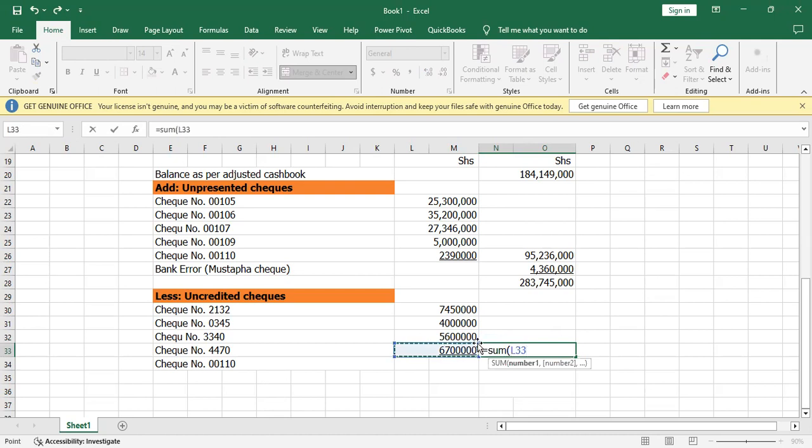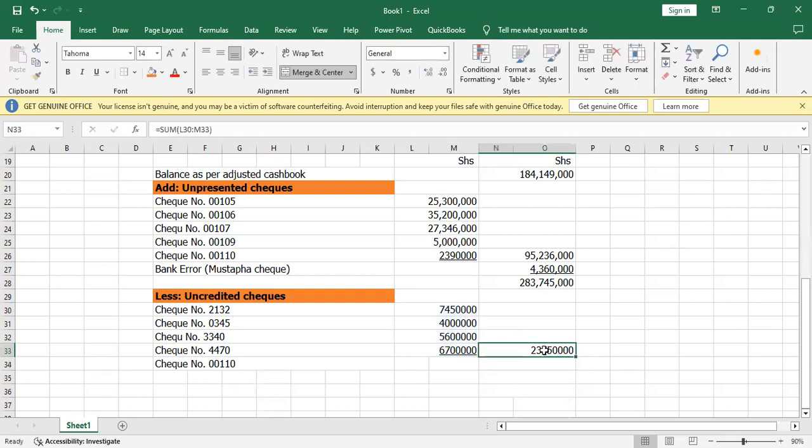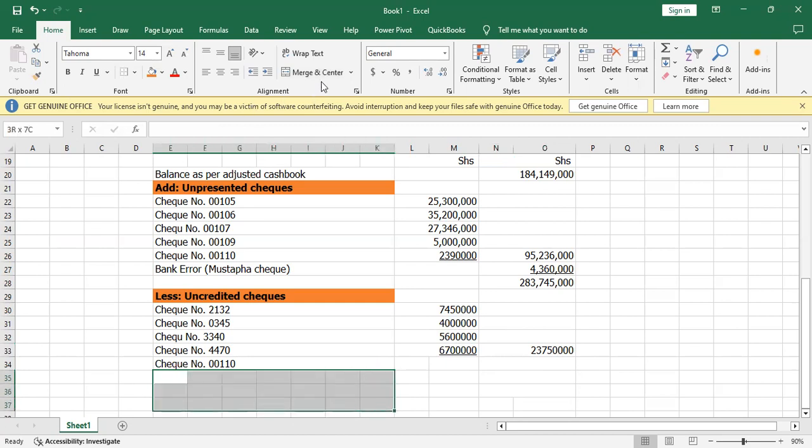They give us that amount, which is 23,750,000. But of course, we have some bank errors that were made.